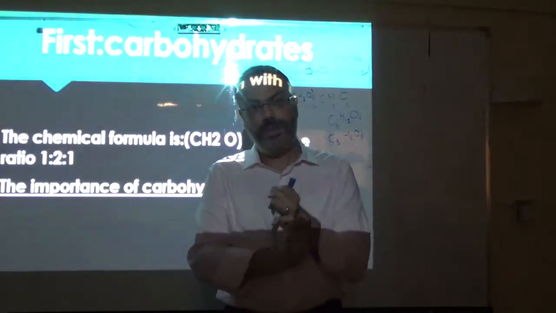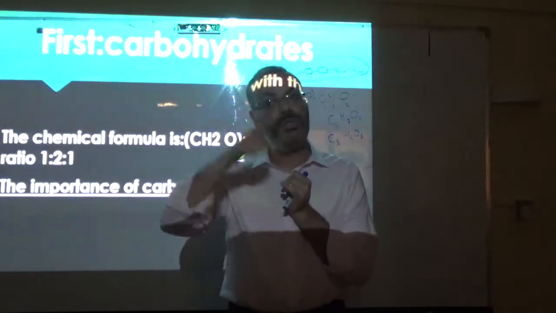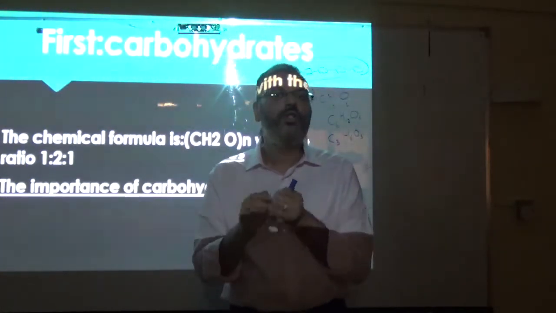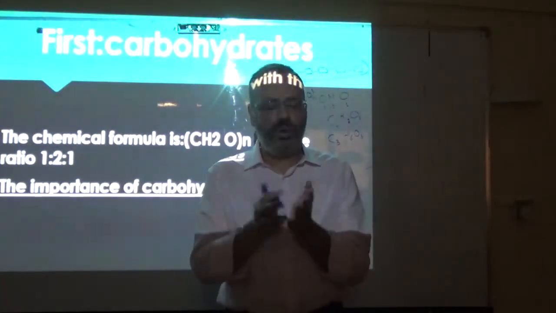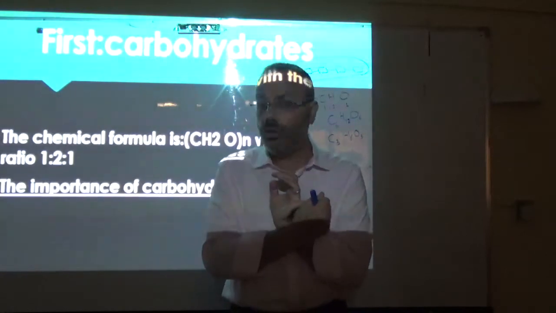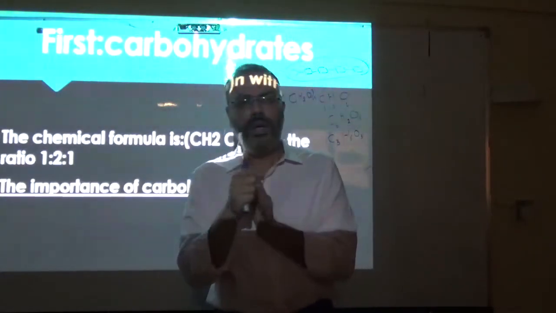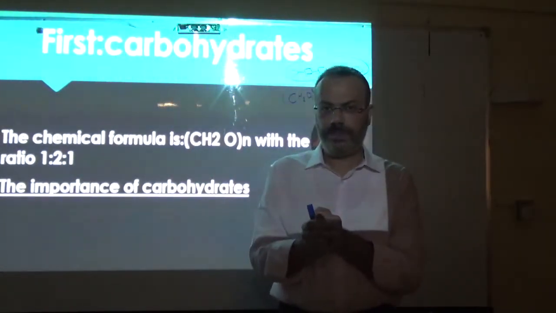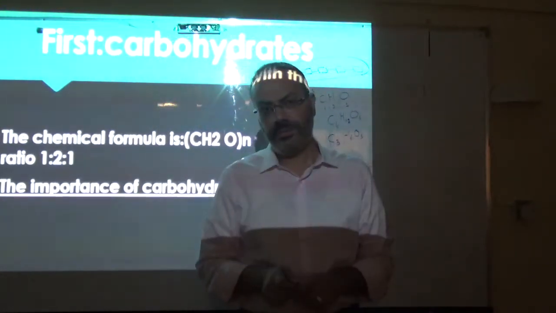So the first importance of carbohydrates is to produce energy. The second importance is to store energy in the form of what? In the form of starch, like in plants, and glycogen, like in our bodies. The third importance of carbohydrates is to help in building the body.